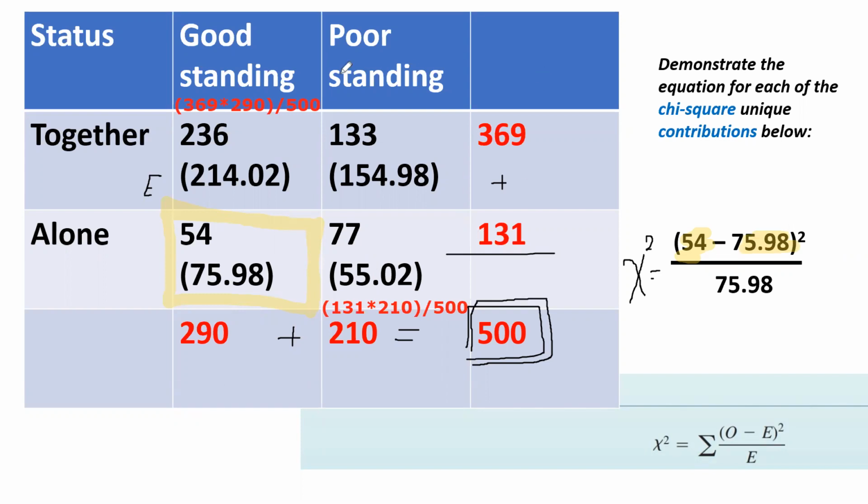This equation that we're doing is exactly what we did before. It's from the previous chapter. It's observed minus the expected squared divided by the expected. The only thing is that in this chapter, we are calculating the expected in a slightly different way.